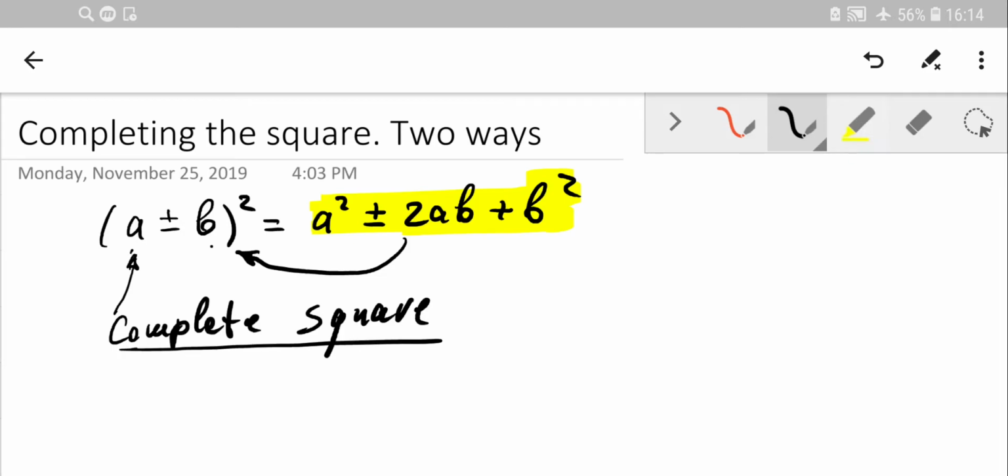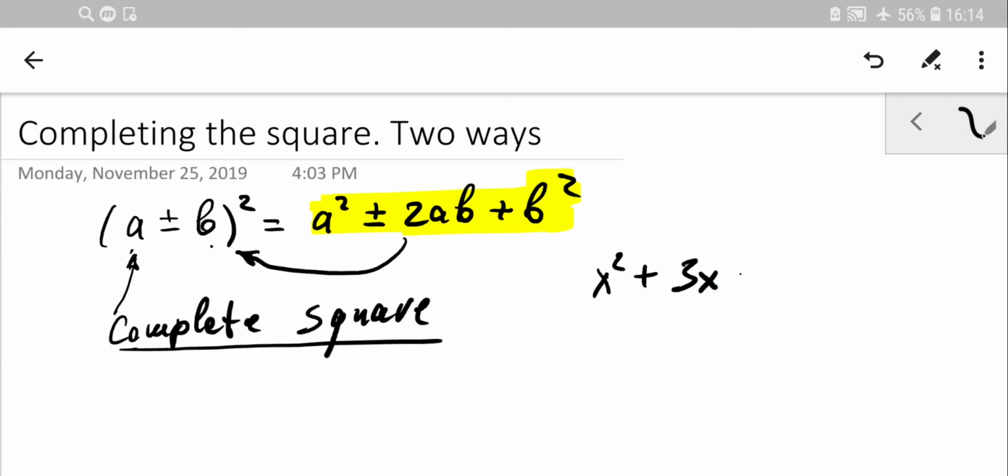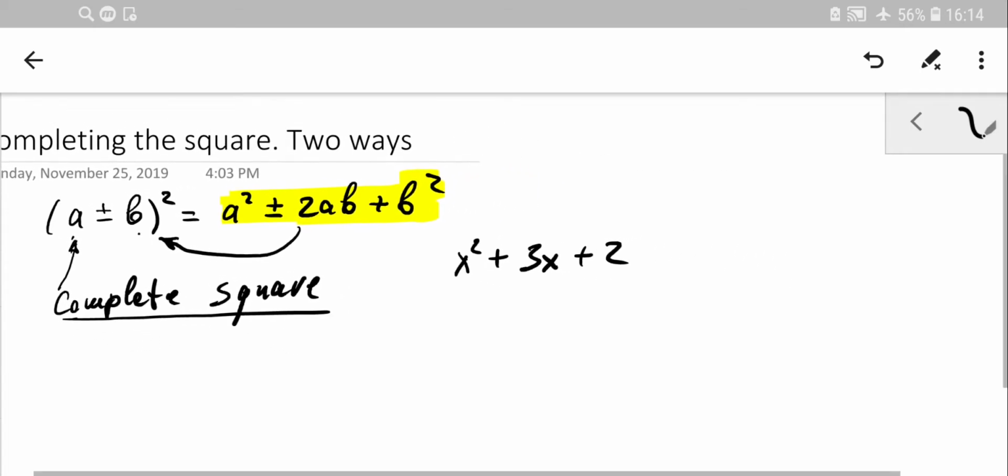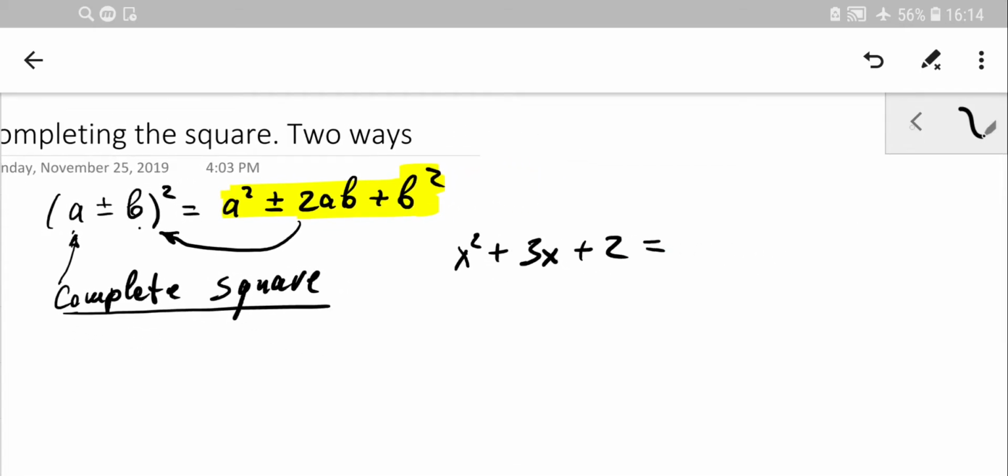Typically, where can we meet such questions or problems related to complete the square? First of all, let's say you have an expression like x squared plus 3x plus 2, and you need to make the form where you have a complete square. So something in the brackets, and in this case you are asked to have all x's collected in those brackets and squared up.